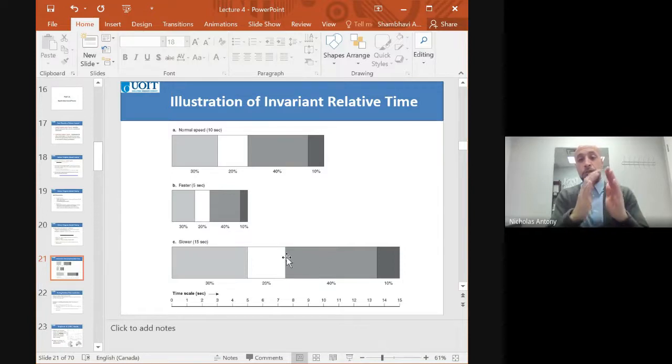It's just either longer or shorter based on whether you're doing the dance slower or faster. So they would say if this was a motor program, then the individual dance moves and the order would be the invariant features of that dance. And then the speed of how fast you complete the dance would be the parameter.